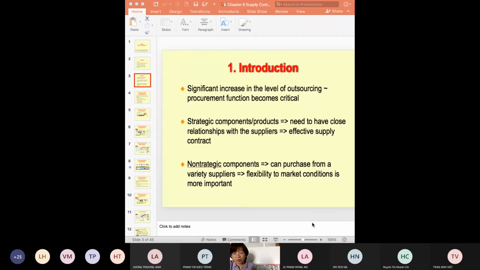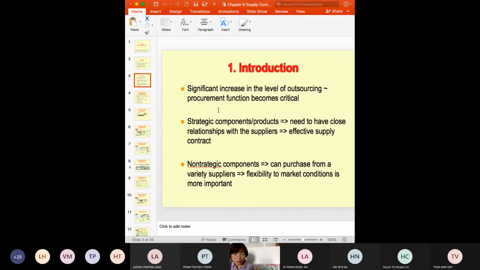They just want to focus on manufacturing. So they outsource transportation to a third party supplier. Right now, many companies do it like this. That's why the procurement function becomes critical.